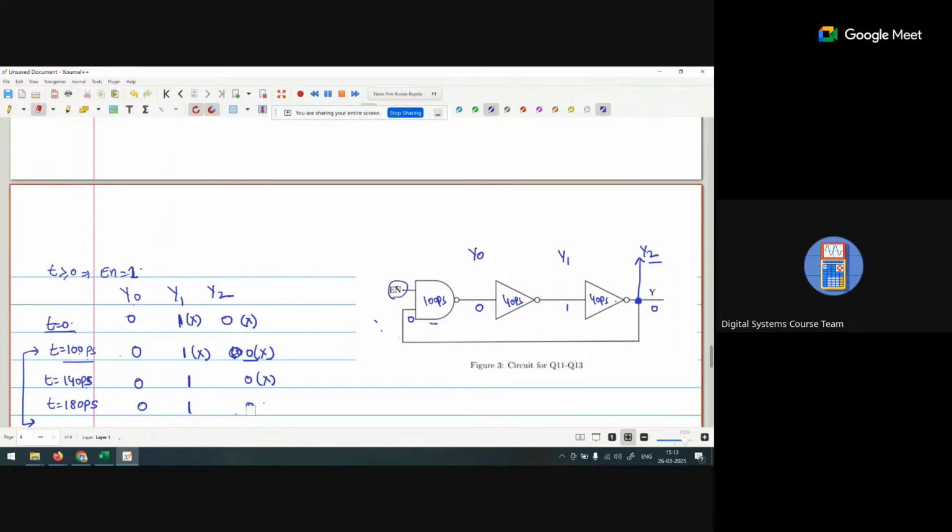No, wait a minute, what have we done? If it is 1, 0, 1, it is compulsory that there should be 0 possible.